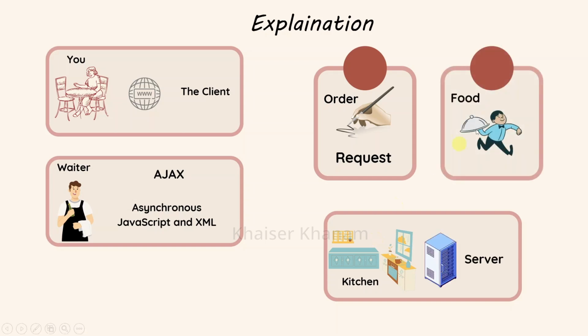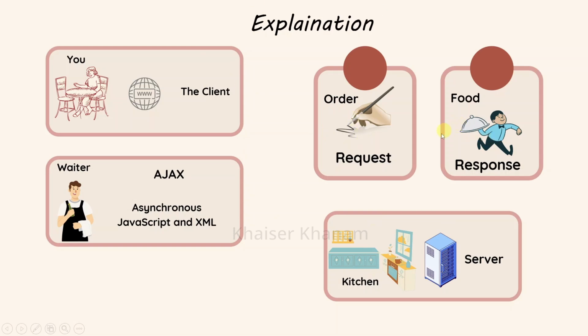Then finally, my food will be the response which I got from this kitchen after processing. Whatever response I got, that will be my food. So this can be my menu, it can be a dish or any other thing which I have requested. So in this analogy, you will be treated as the client, and the waiter will be treated as AJAX, through which we request the data from the server. The waiter will go to the kitchen, take the food item which I have ordered, and finally I will get my food.